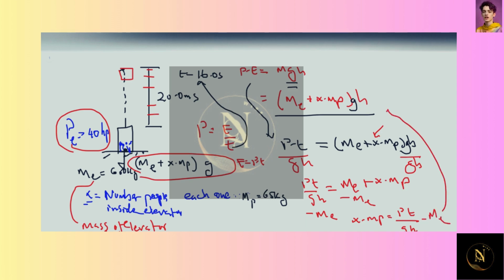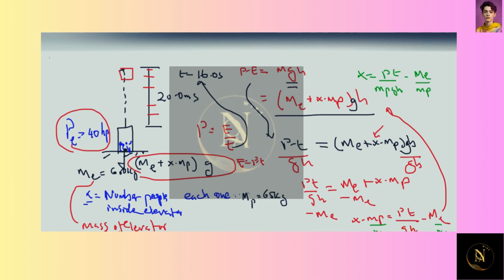And so to solve for the number of passengers, we divide everything by the mass of each passenger, and that gives us PT over mp g h minus me over mp. So this is just a different way of approaching the problem, where you keep the variables up until the end of the problem, and then you solve it after that.